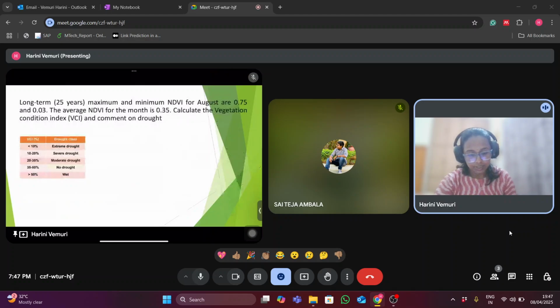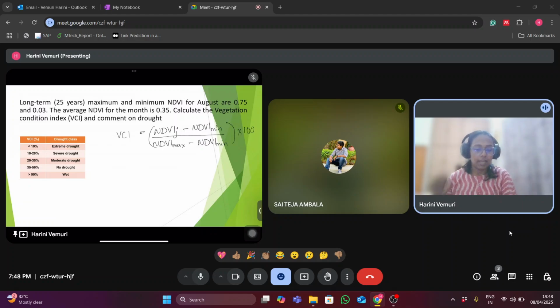Okay, the next question is: long-term maximum and minimum NDVI for August month are 0.75 and 0.03. The average NDVI for the month is 0.35. Calculate the vegetation condition index. So VCI is given as NDVI J minus NDVI minimum by NDVI maximum minus NDVI minimum into 100.